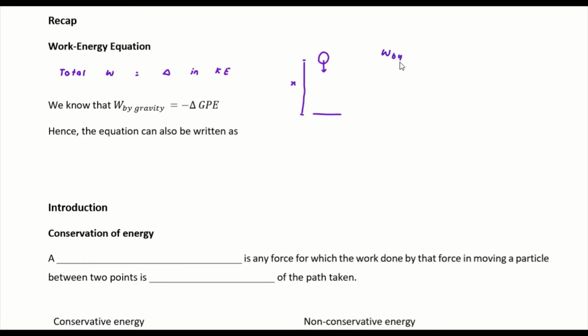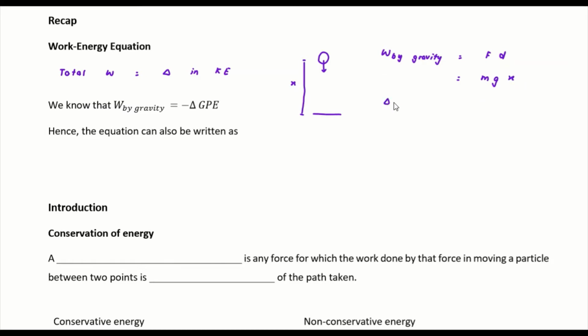There will be work done by gravity because the weight is in the same direction as the motion. So it will be equal to F times the distance. The force here is the weight, which is given by mg. The distance here is x.